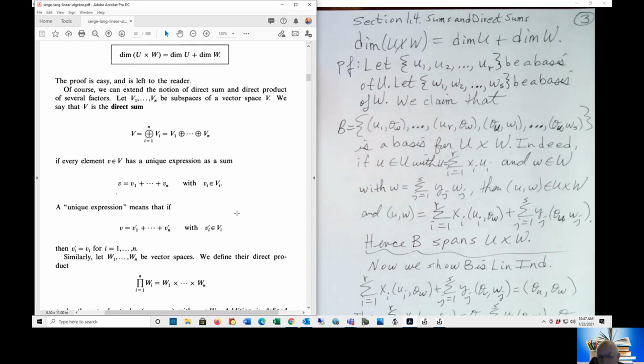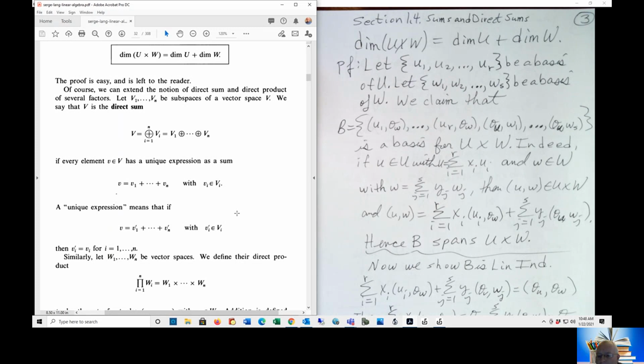Indeed. Let u be a vector in U and w be a vector in W. So by definition of the basis, u can be written as a unique linear combination of the xi ui's, and I suppress the notation with the summation notation. u can be written as the sum, i goes from 1 to r, xi ui, and w can be written as the sum, j goes from 1 to s, yj wj, okay?